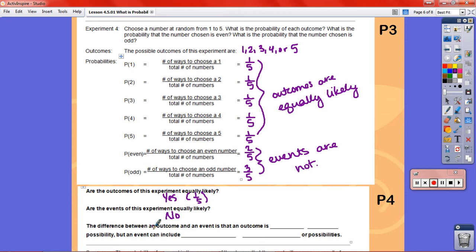So the difference between an outcome and an event is that an outcome is only one possibility. So it's exactly one possibility that you could pick on a given trial. But an event can include multiple outcomes or possibilities.